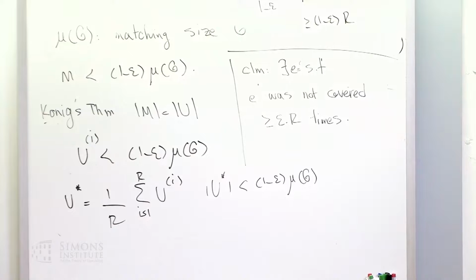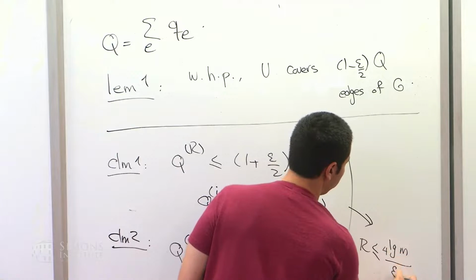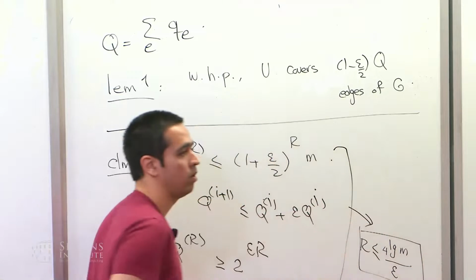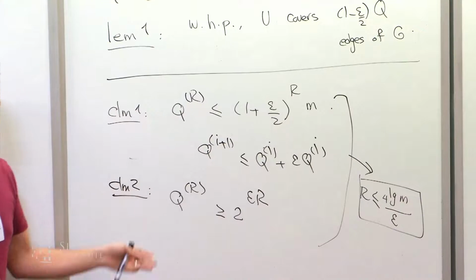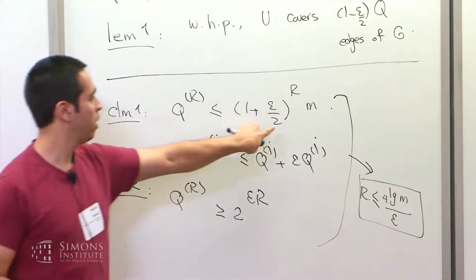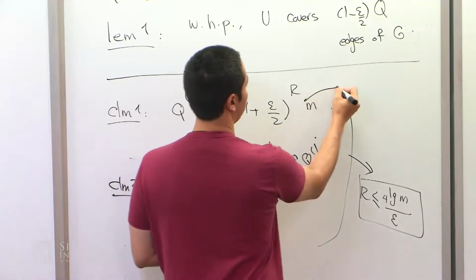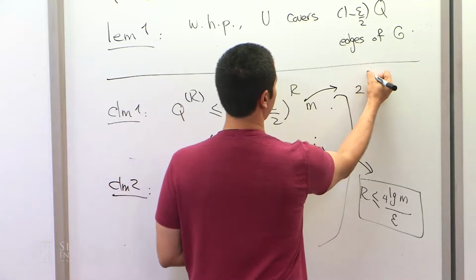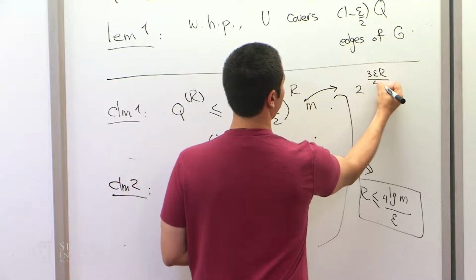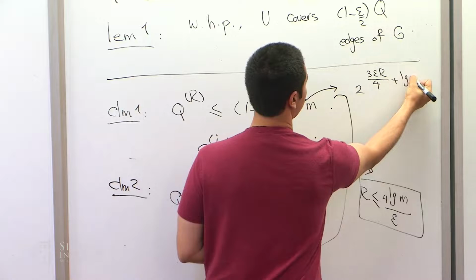If you put these two things together, it is going to force R to be less than 4 log m over epsilon. This is just an inequality. You can bound this thing by 2 to the (3 epsilon R over 4 plus log m).